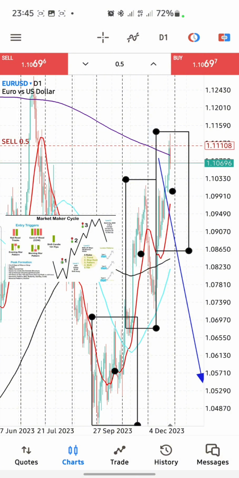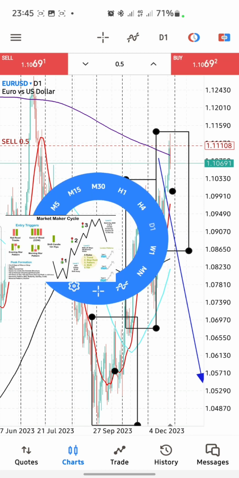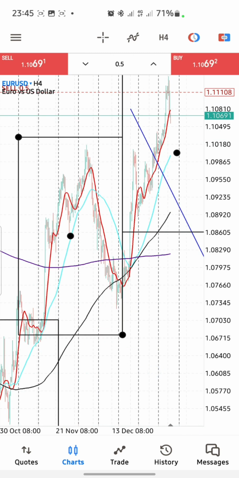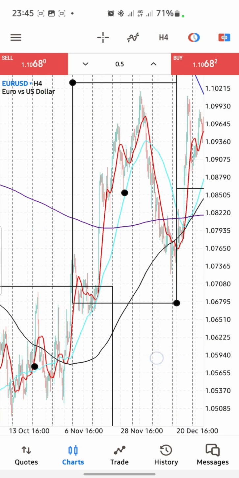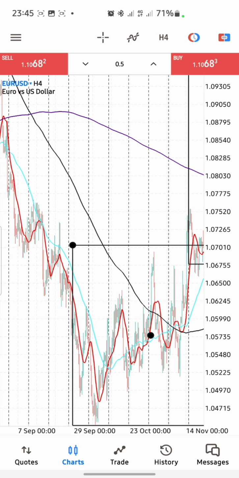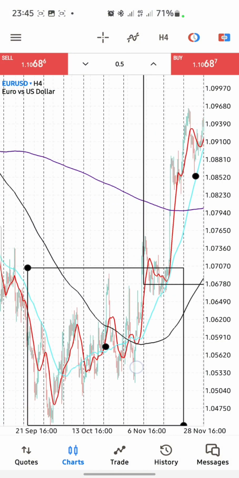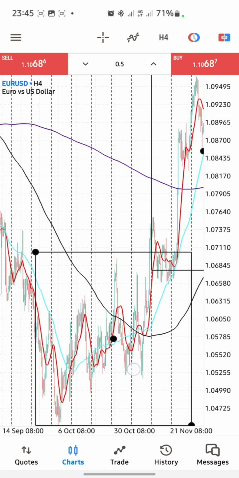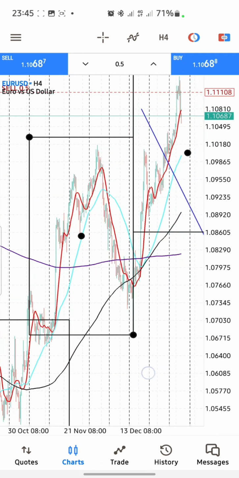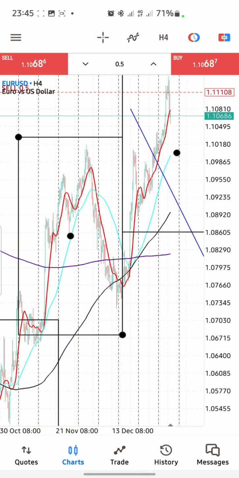So these are the three levels already seen. In H4, each cycle has got 6 weeks inside, probably 6 or 5. So we got the first month, the second month, the third month.